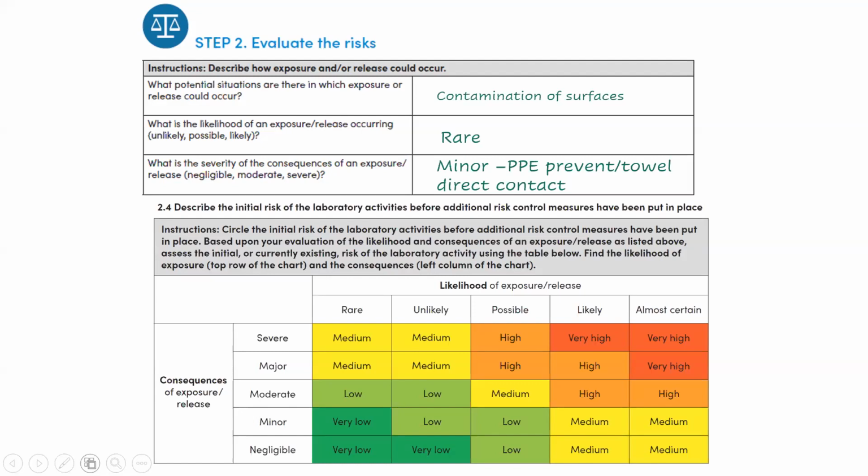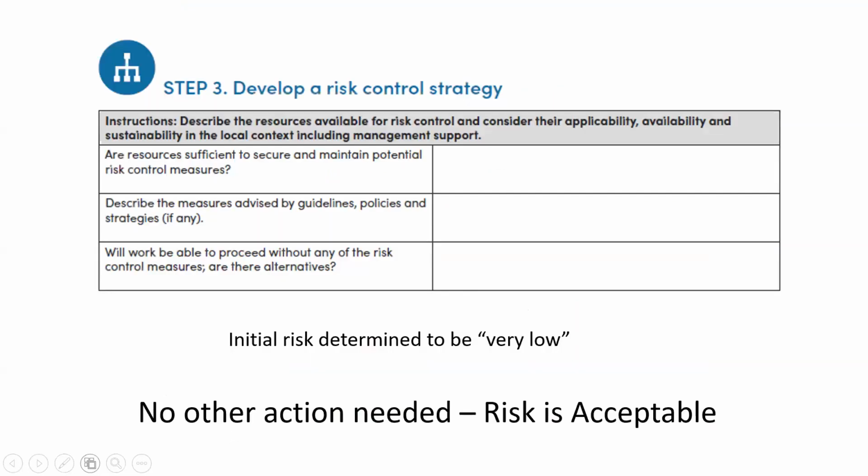They're working on a towel, trying to prevent direct contact with the bench. And so I used the more complex risk assessment form that shows the five different categories of likelihood and consequences. They have said rare likelihood and severity is minor, so very low risk is involved.